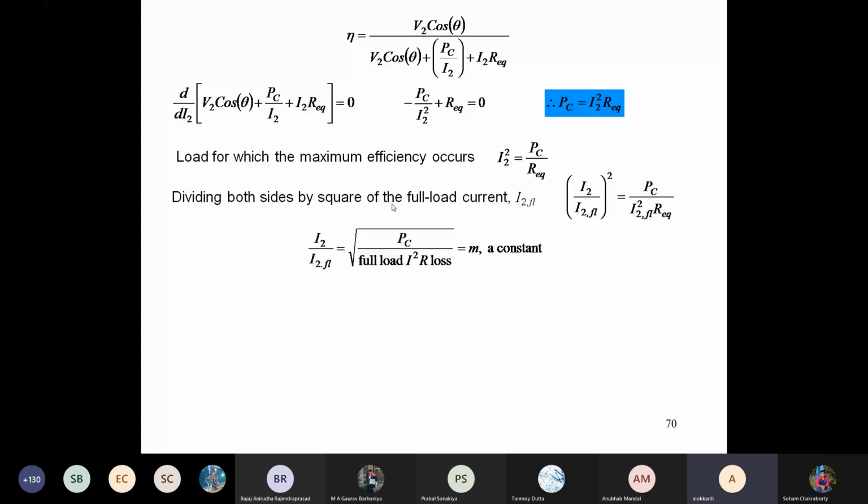So for M times the full load current, the efficiency is maximum. The efficiency is maximum when the load current is M times I2 FL.